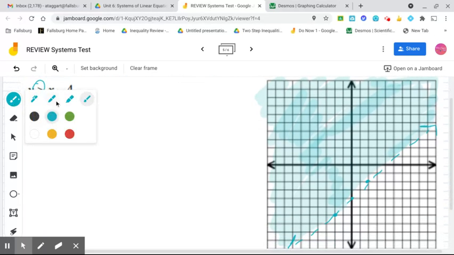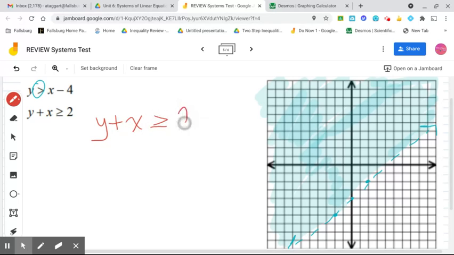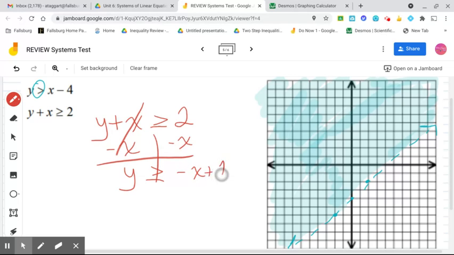Next, we're going to graph the second inequality. So I have y plus x is greater than or equal to 2. So this one is not in y equals mx plus b format. So I want to subtract x from both sides. I want to get y by itself. So the inequality symbol stays the same, negative x plus 2.